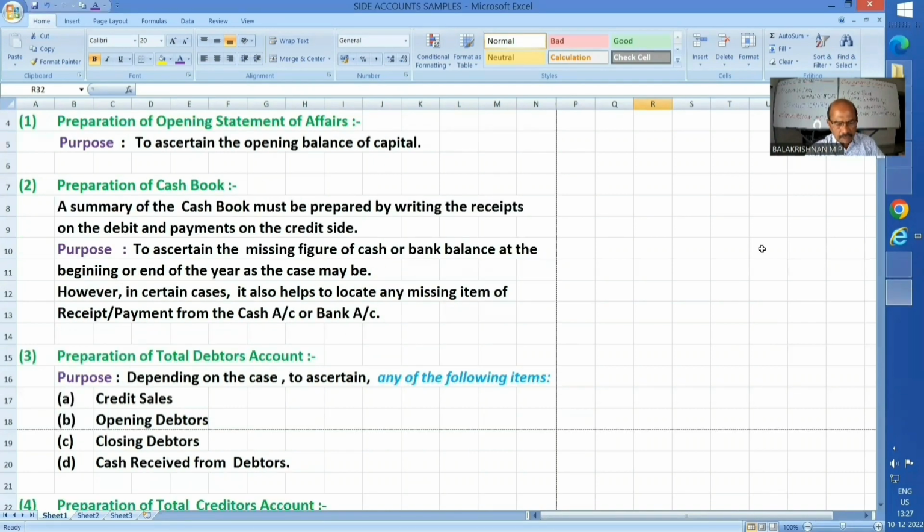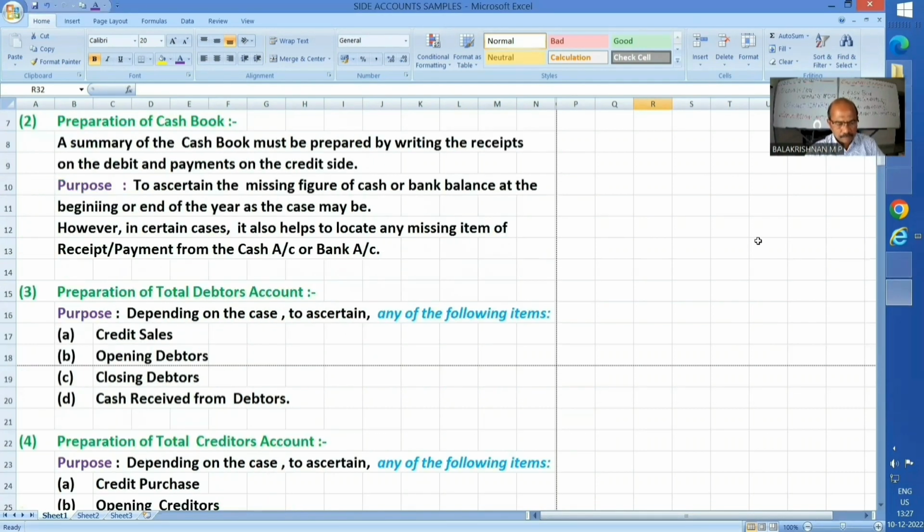Preparation of total debtors account. Purpose: depending on the case, to ascertain any of the following items: credit sales, opening debtors, closing debtors, cash received from debtors. One of the items you will find missing, by resorting to opening the total debtors account, you will get it, and it will serve your purpose.